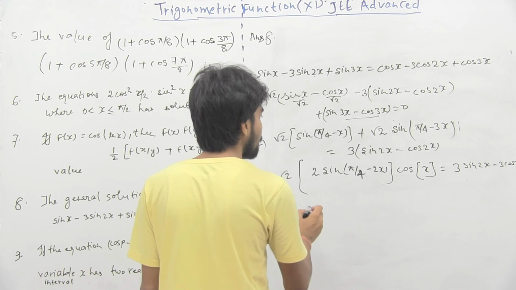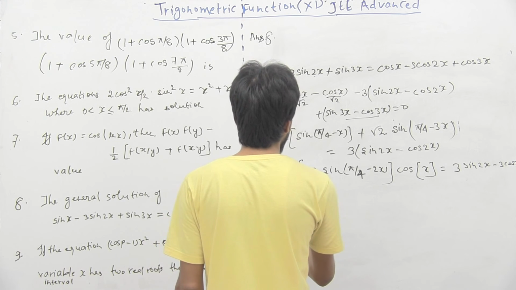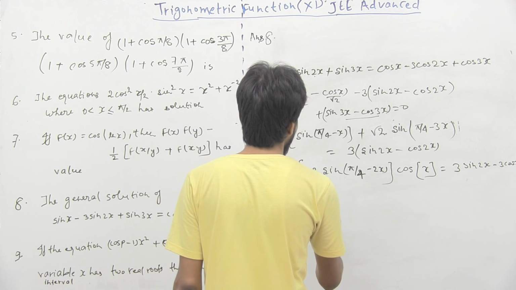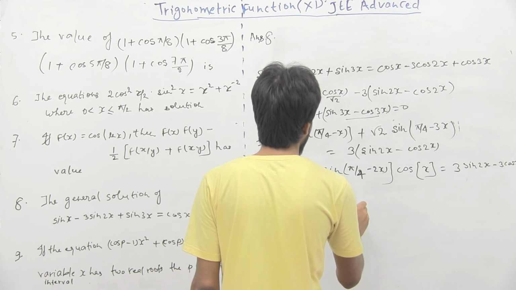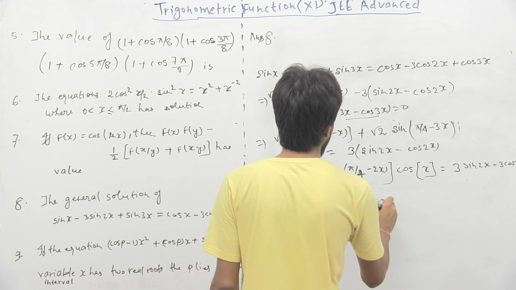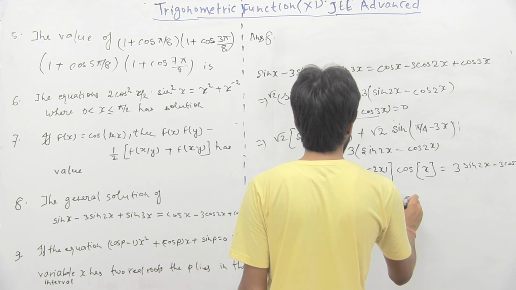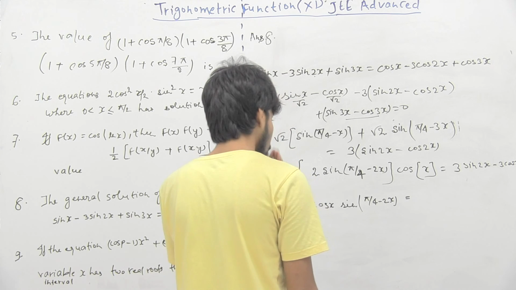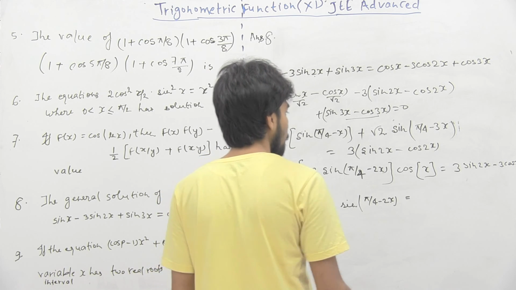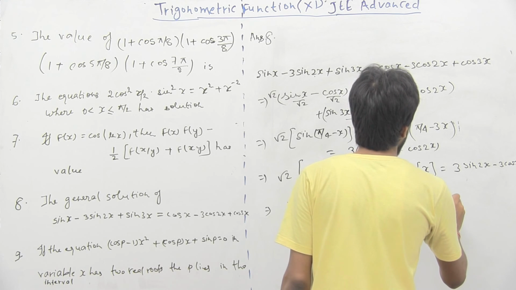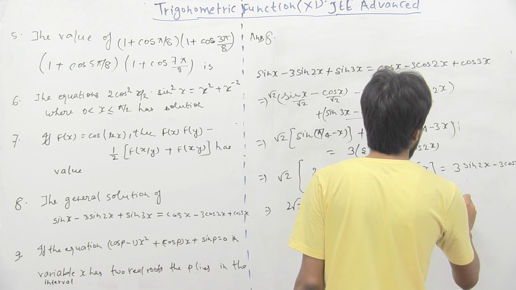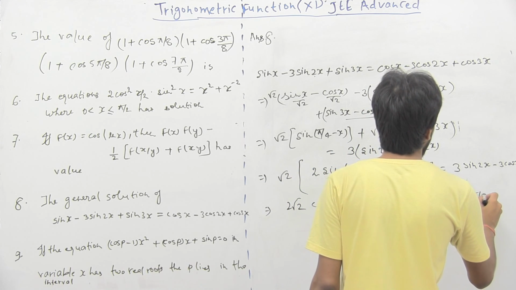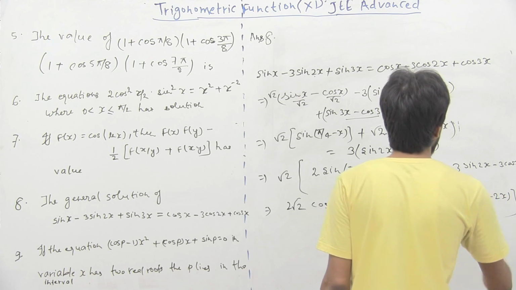Now write it as root 2 into cos x into sine (pi by 4 minus 2x), and in RHS 3 sine 2x minus cos 2x can be written as sine (pi by 4 minus 2x).